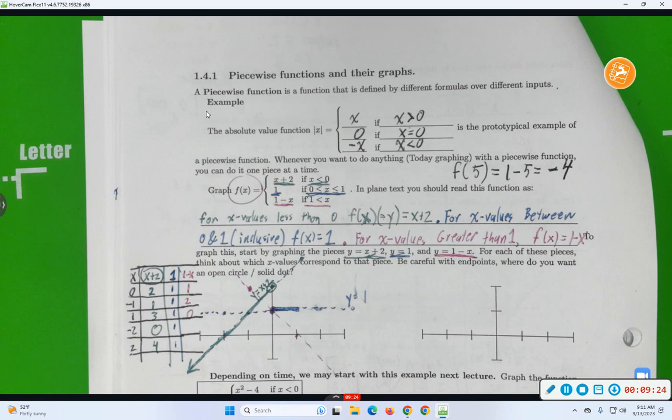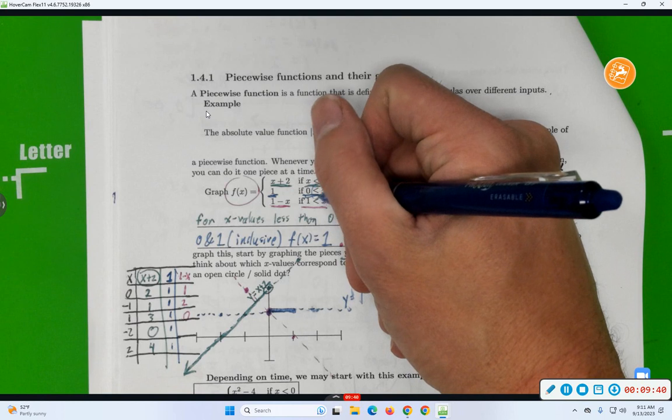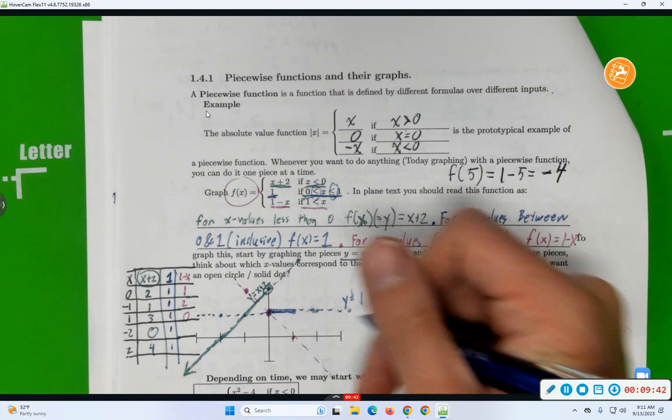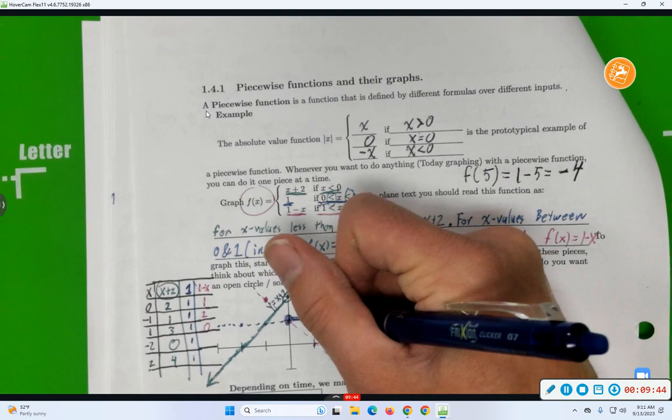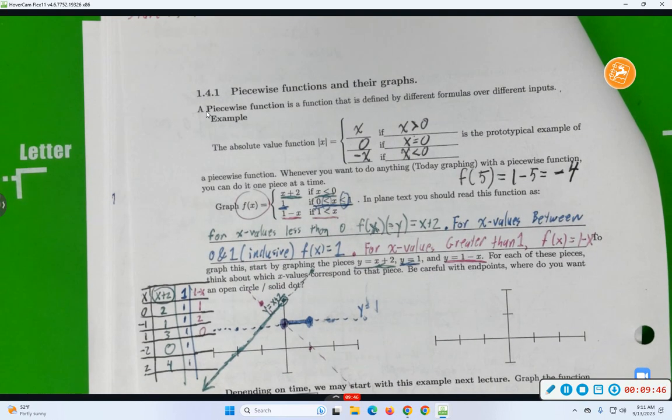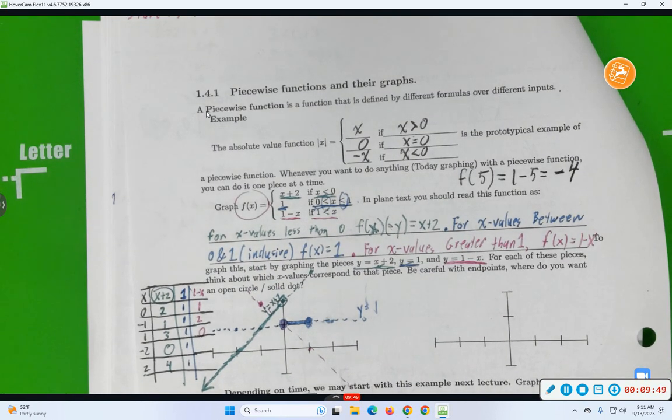Should I put solid dots or open circles at those endpoints? Solid dots, because those endpoints are actually included. There's a less than or equal to there, a less than or equal to there. So those should be solid dots. And where do I care about the pink function? Greater than 1. In fact, just for the rest of the x values, right?